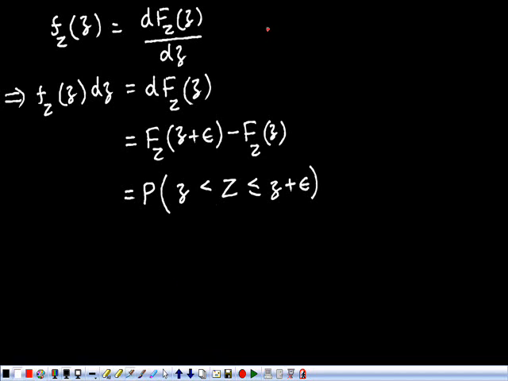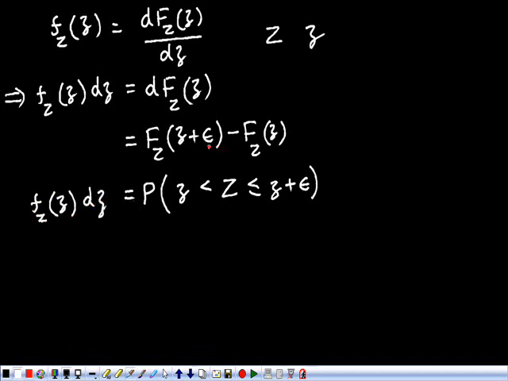Here I am considering z as the random variable and the value taken by the random variable is small z. How do we obtain this? The probability of x1 less than x less than or equal to x2 is F_X(x2) minus F_X(x1). Therefore, the probability of the random variable z lying between z and z plus epsilon can be written as this, f_Z(z) dz.